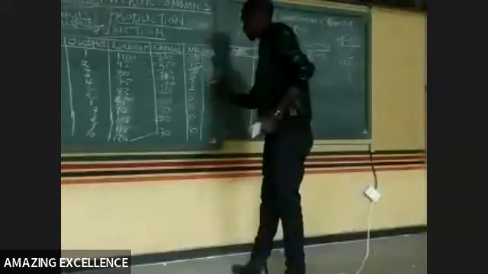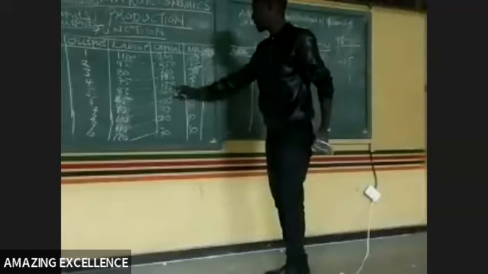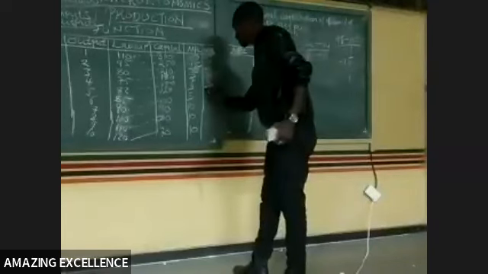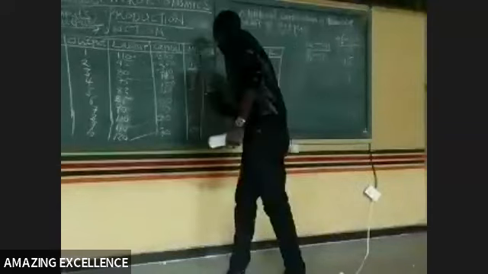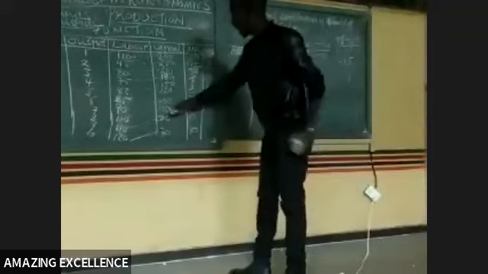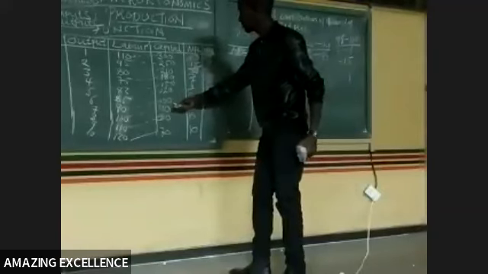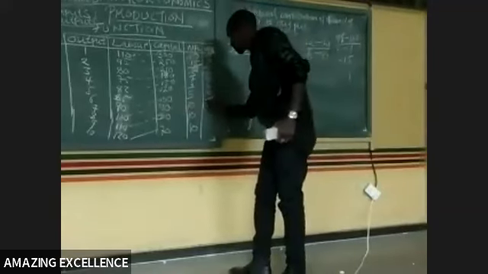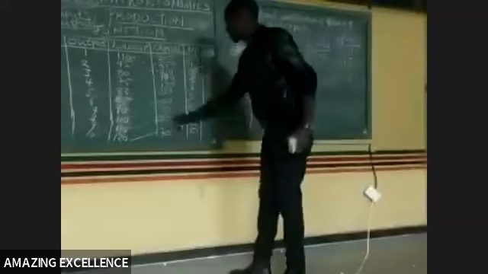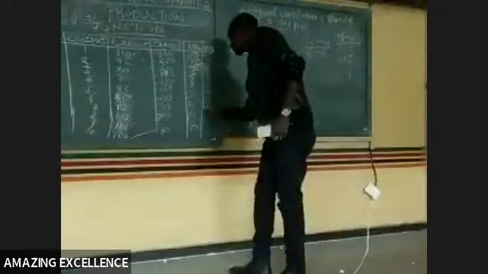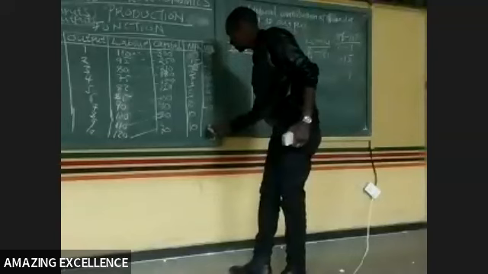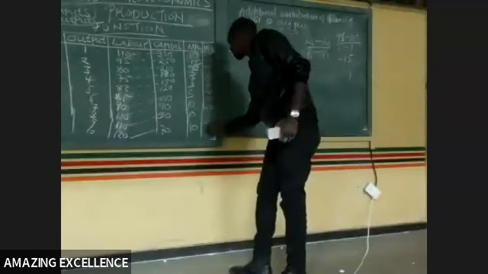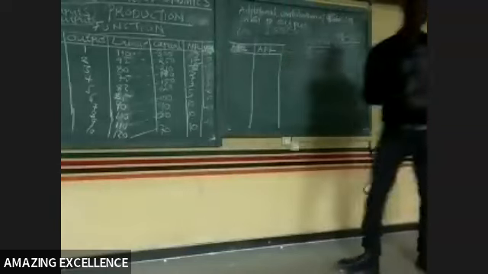Then 120 minus 150 is negative 30 again. 100 minus 120 is negative 20. 90 minus 100 is negative 10. 80 minus 90 is negative 10. And 70 minus 80 is still negative 10.